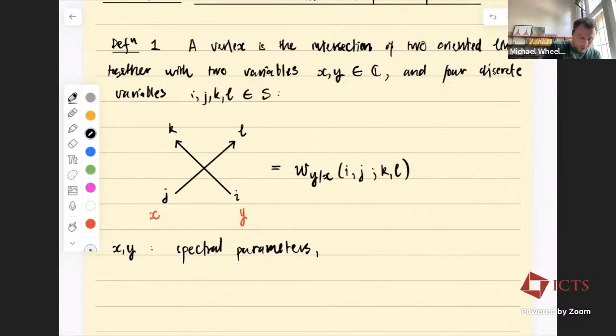And in particular, I will refer to i and j as being incoming states. Okay, so there's a kind of time flow which is built into these models, which is indicated by the arrows. So basically, i and j is what comes into the vertex, and k and l will be what comes out. So yeah, k and l will be the outgoing states.